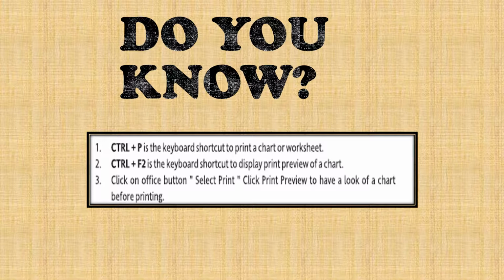That is, before printing, we can see how a chart will appear on the paper. So Control plus F2 is the keyboard shortcut for doing the same. Or you can just go to Office button, select Print and then click on Print Preview to take a look at a chart before printing.